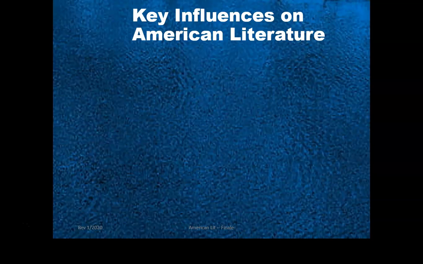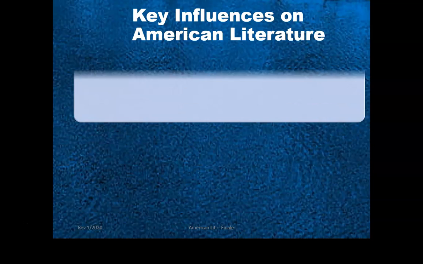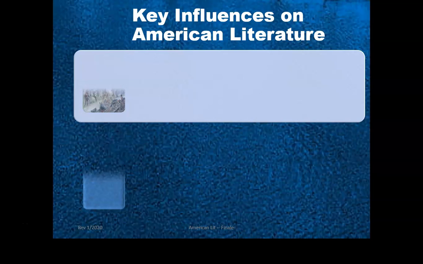So what are the key influences on American literature? First of all, our history and what has happened to America has greatly affected our literature. The Civil War, as we mentioned, had a profound impact on literature, as did World War I, World War II, and the Vietnam War.